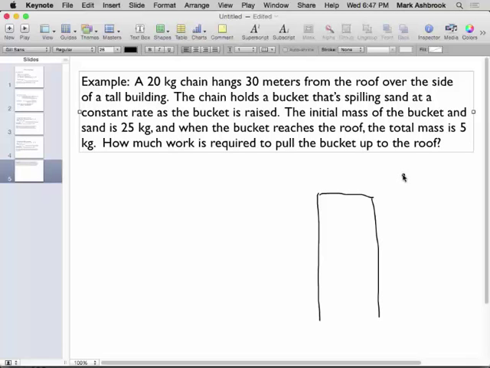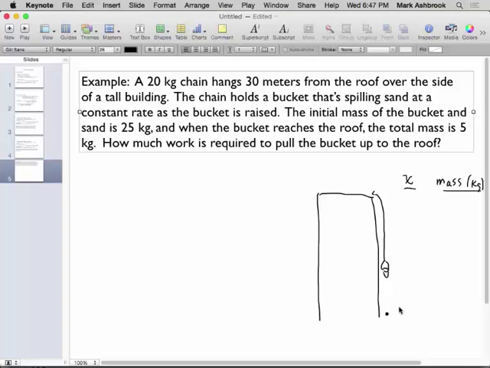So our x, again, is going to be the same x. Okay, but we want to look at the mass, say, along the way. Okay, and so say x is currently like this. There's our bucket. Okay, here it comes. It's spilling sand.